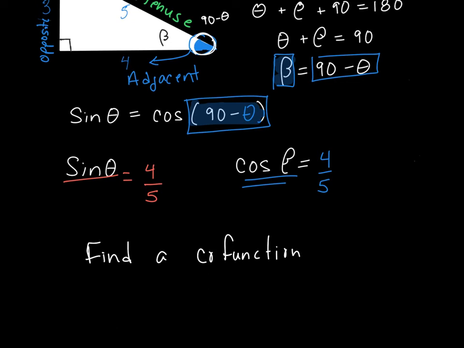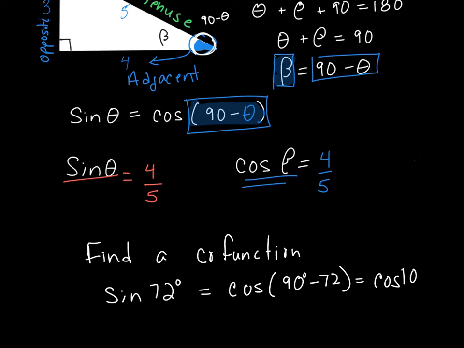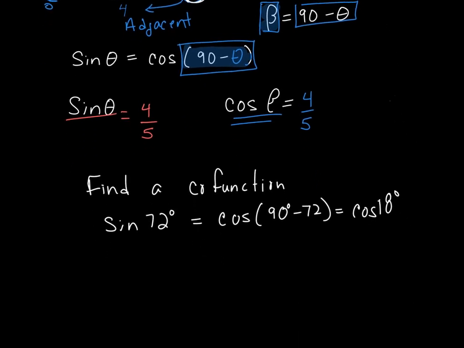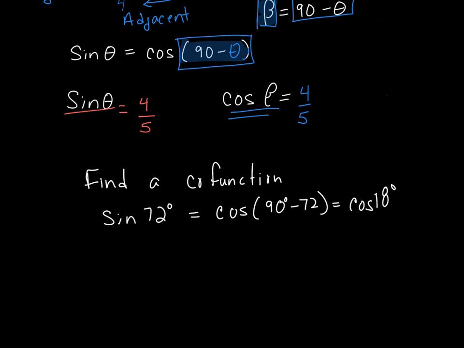If I tell you the sine of 72 degrees, well, I know that the sine of 72 is equal to the same value as the cosine of 90 degrees minus 72 degrees, or the cosine of 18 degrees. You can do the same thing with radians.